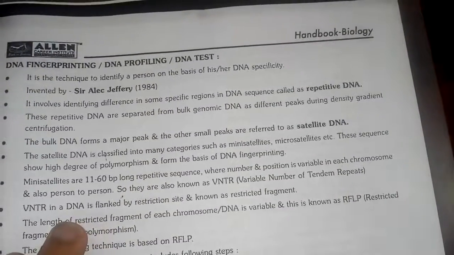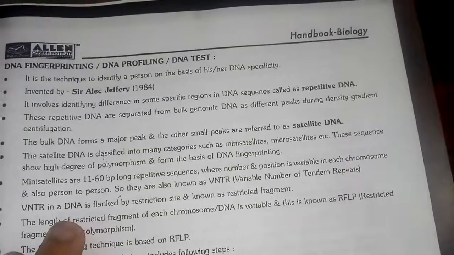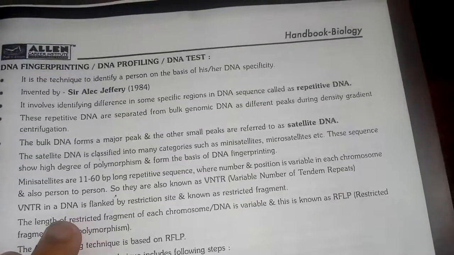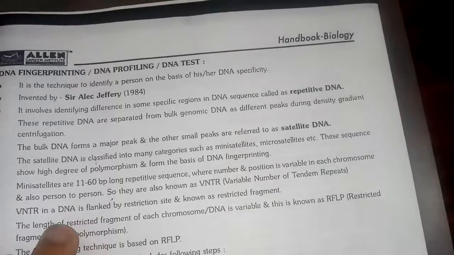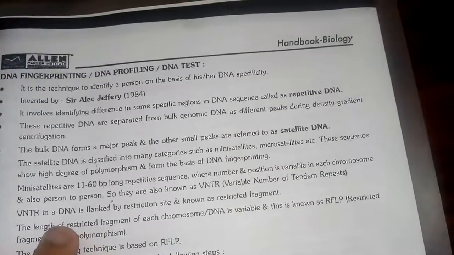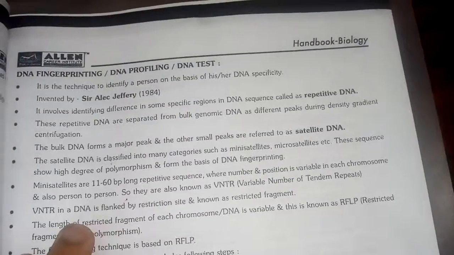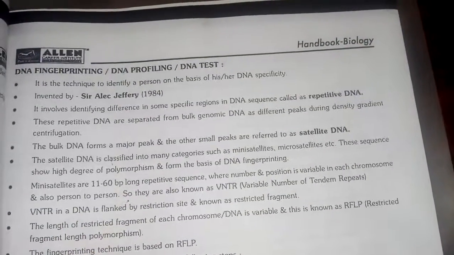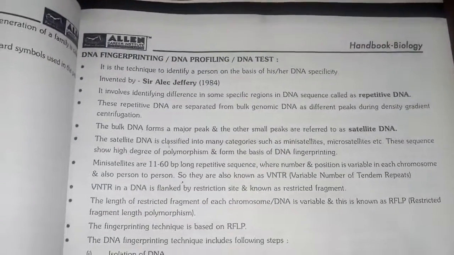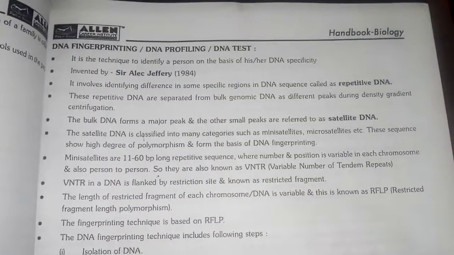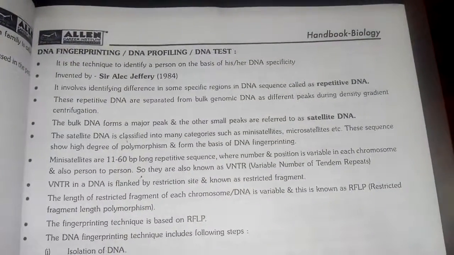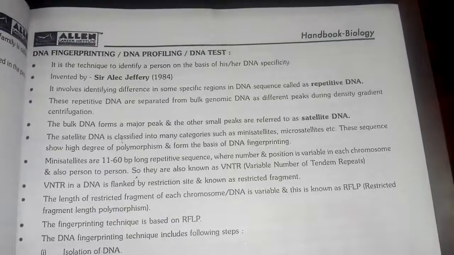These repetitive DNA are separated from bulk genomic DNA as different peaks during density gradient centrifugation. The bulk DNA forms the major peak, and the other small peaks are referred to as satellite DNA.